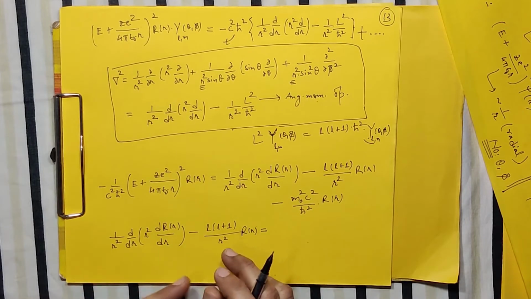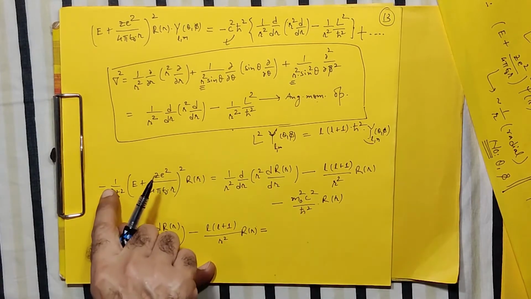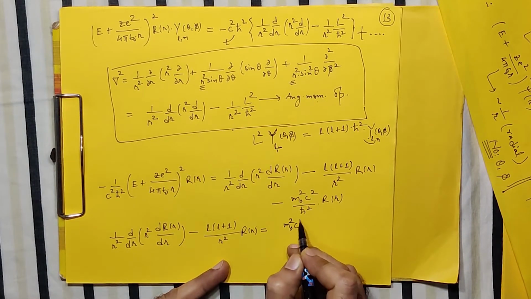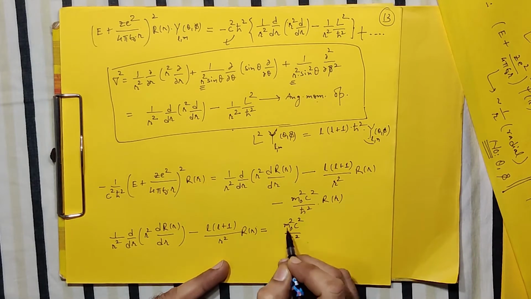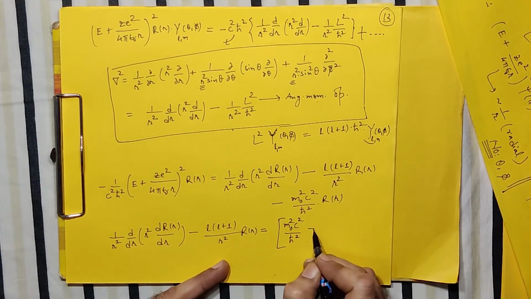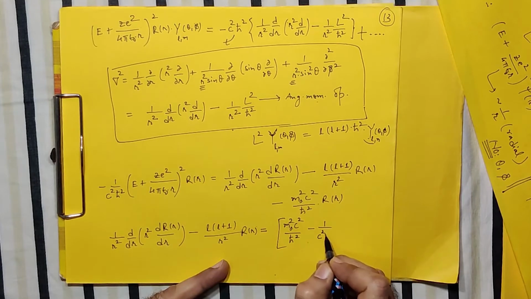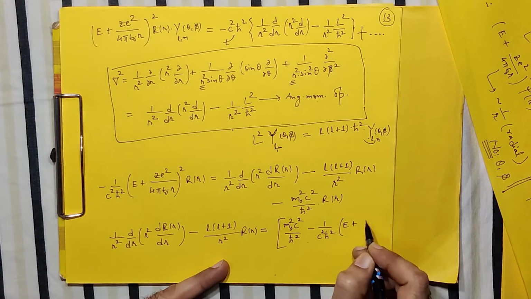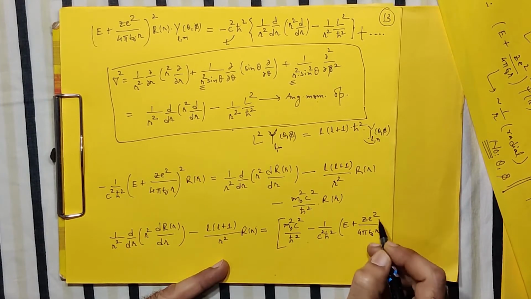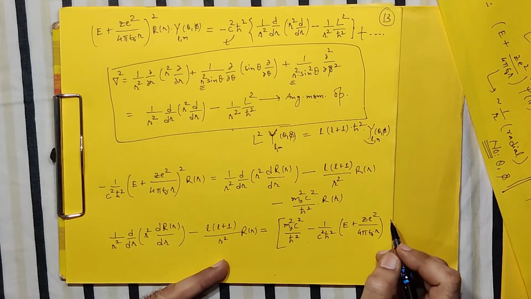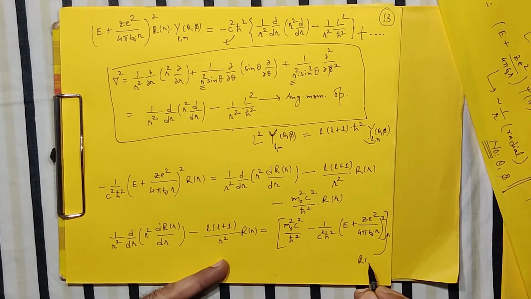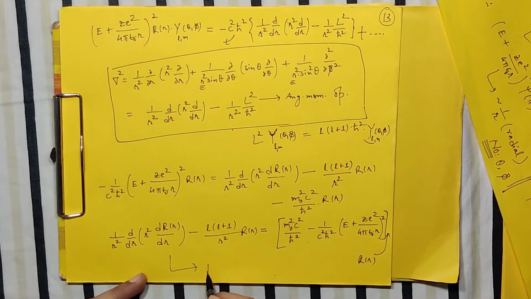And then this term which comes here positive, I will write first. So it will be m0 square c square by h cut square, and then this term will be as it is. It is just the specific form which I am looking for, so I am just rearranging. So this, as I've just said, is nothing but your radial equation.